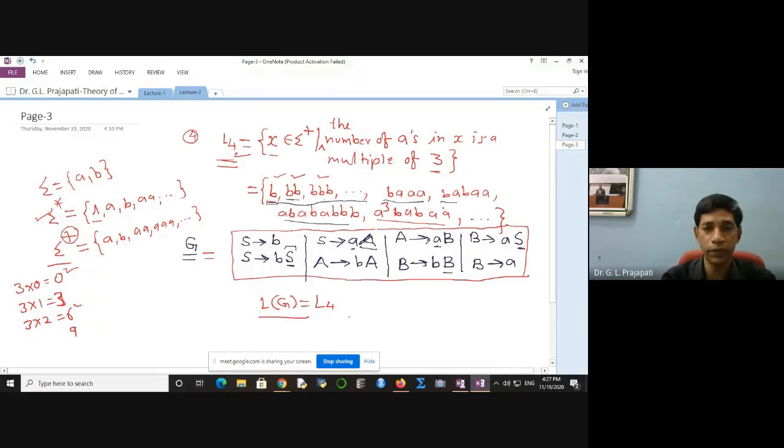And you can easily verify here. If you want to generate only b's, then you can follow these rules. And if you want to generate a multiple of a's, you can follow rules like this. So here a and b can be in any order, we don't mind. The only thing we are going to control is that the number of a's must be a multiple of 3. That's all. So these are the rules of this grammar for this language.